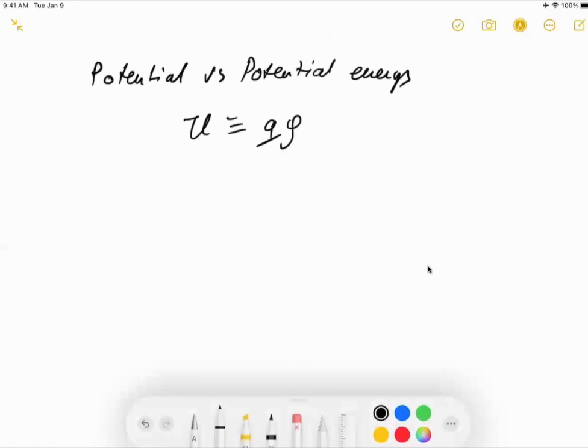So you can also look at that work expression that we had before and then just pull those Q's into the U's, and you would find that the work difference is equal to minus the potential energy difference. So everything works out.